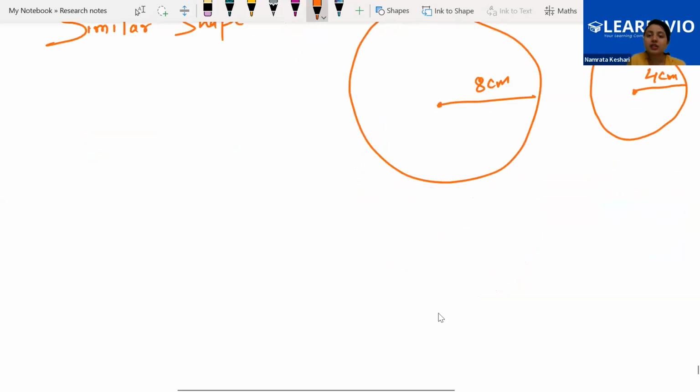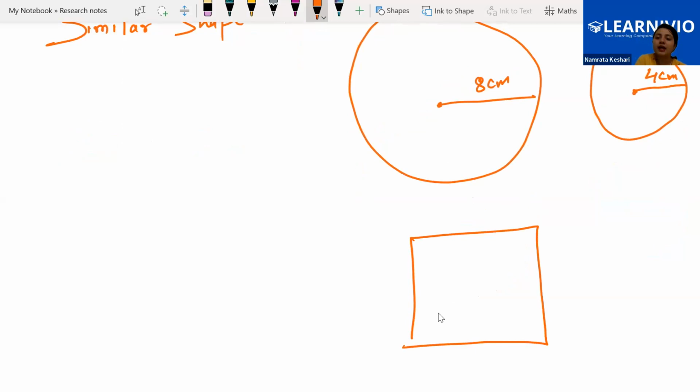Similarly, if I draw a square and another square, these two shapes are also similar. So are we going to call all shapes, one bigger and another smaller, similar shapes? Size variation is allowed, but the shapes have to be the same: only circle with circle, square with square, rectangle with rectangle, triangle with triangle.